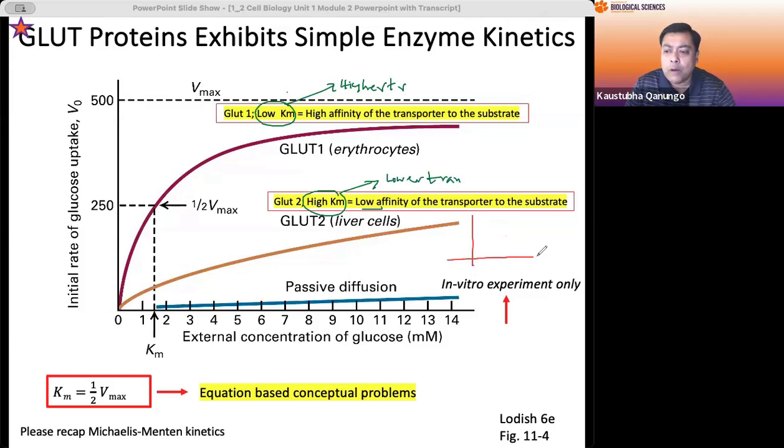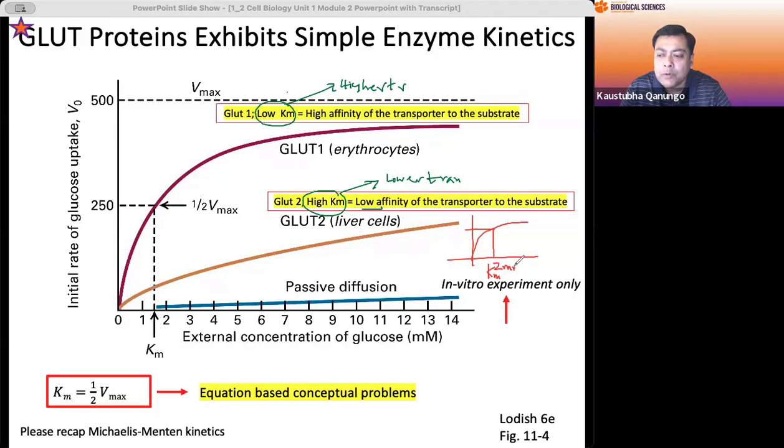Suppose, for example, we say that you have engineered a glucose transporter that has a different Km. Say you have a wild type glucose transporter that you are working with, and the Km for that wild type glucose transporter is 2 millimolar.